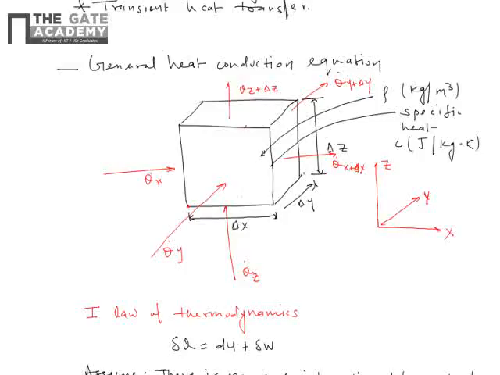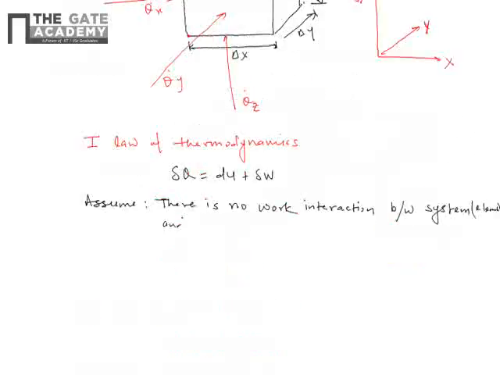Here our system is rectangular element and surrounding. So the first law of thermodynamics reduces to heat interactions is equal to change in internal energy of the element.